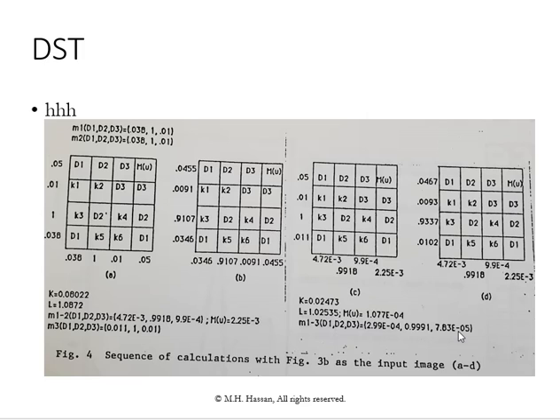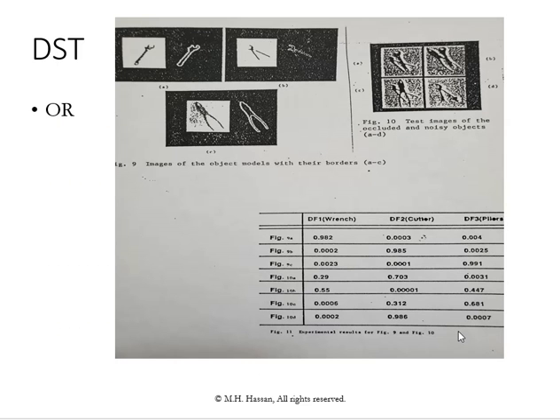So by using the Dempster-Shafer theory of evidence, we can calculate the mutual evidence for each object, and by comparing the object with other objects, we can find the corresponding membership of evidence for that object. As an example, we have a set of images as our database: pliers, a cutter, and a wrench.